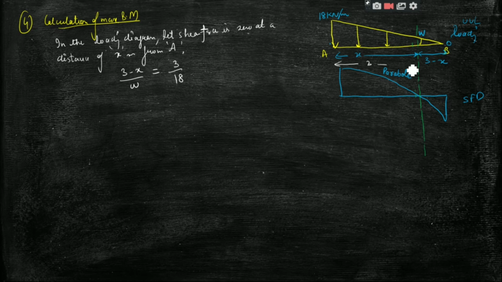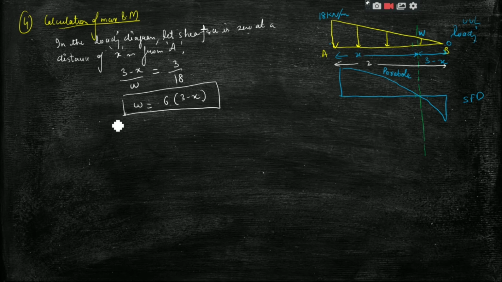From this we can find out w as 6 into (3 minus x). So the value of the load at this section, where the shear force is 0, is w equal to 6 into (3 minus x).